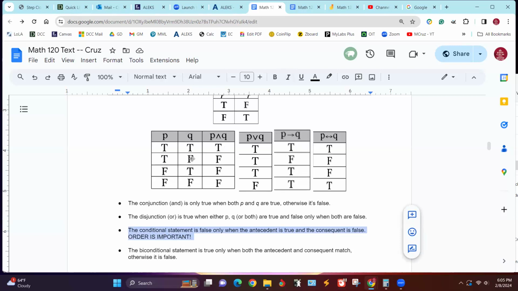And you can see that one right here, the second one, and right there we can see there's the false one. In all other cases, it's true. True, true is true. False, true is true. False, false is true. And in the biconditional, as long as they match, it's true.